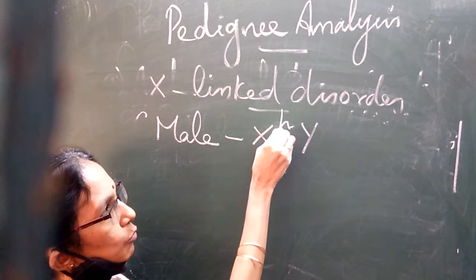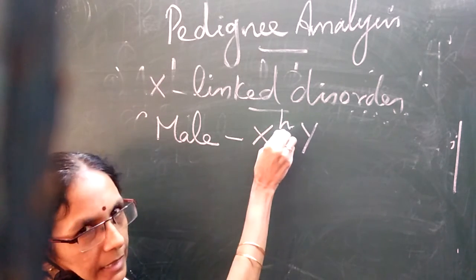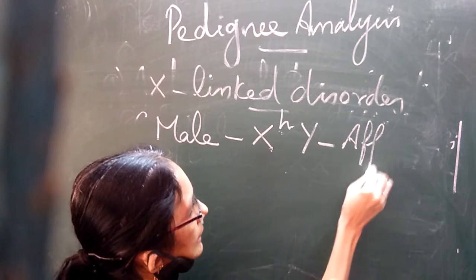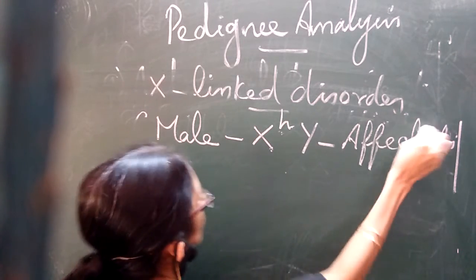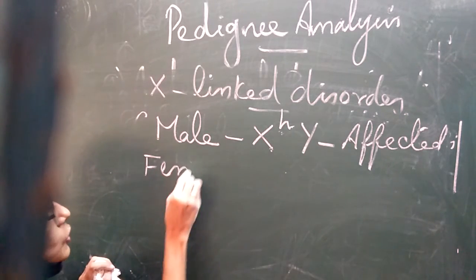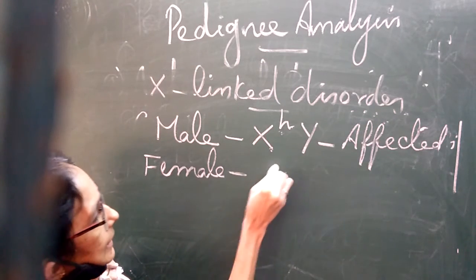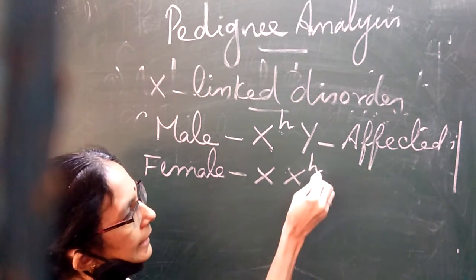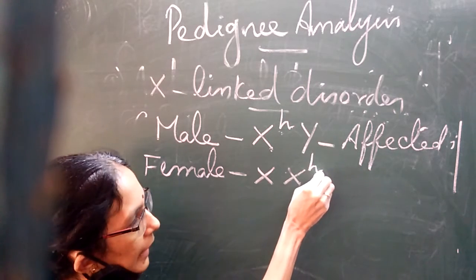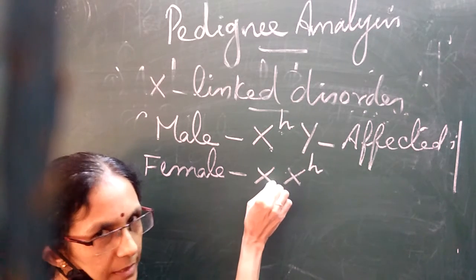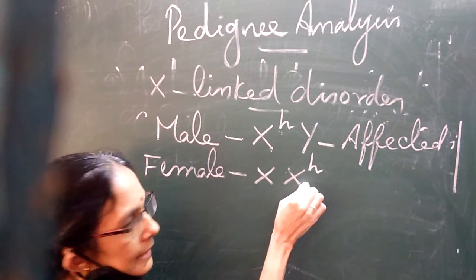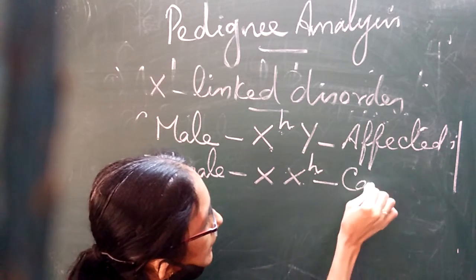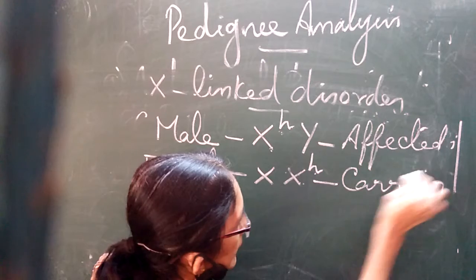Why am I using a small letter? Because the disorder is a recessive disorder. This person is affected. Now let us take a female. In a female, she is having one X normal and the other X carrying the allele for hemophilia. So one X chromosome is normal and the other has the allele for hemophilia. She is considered to be a carrier.